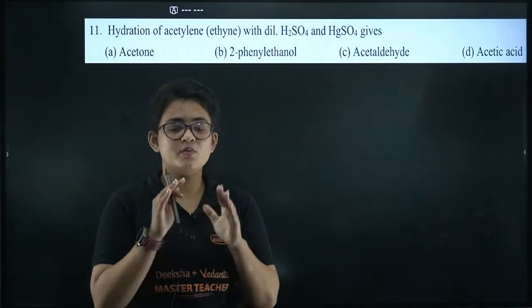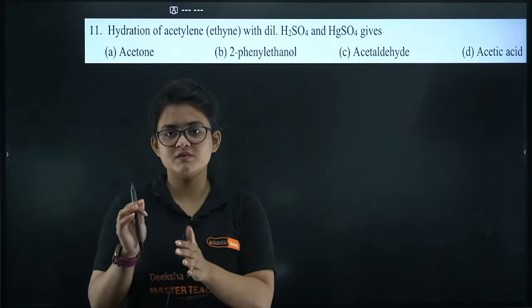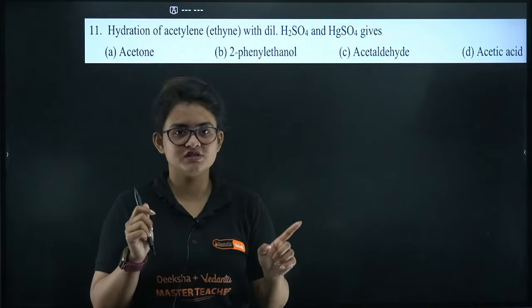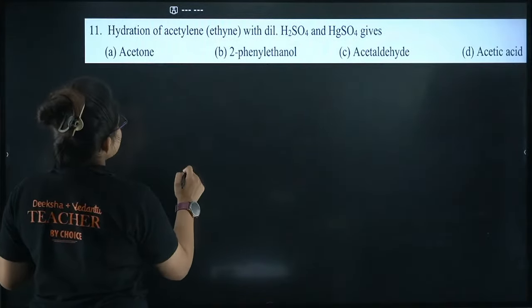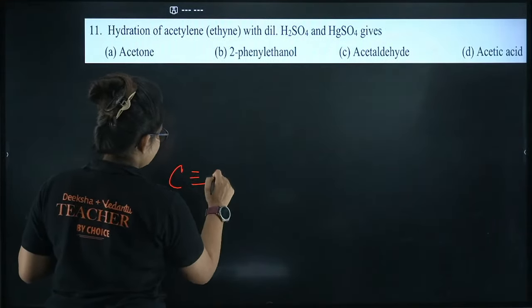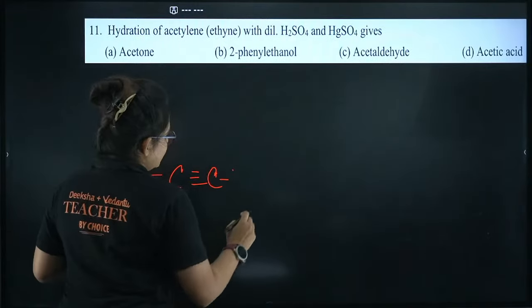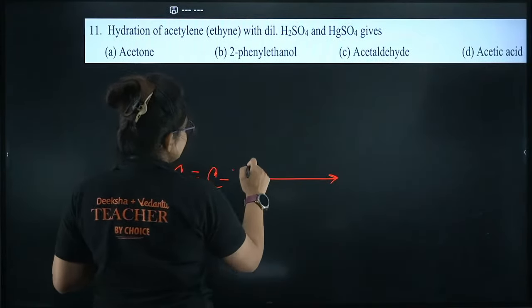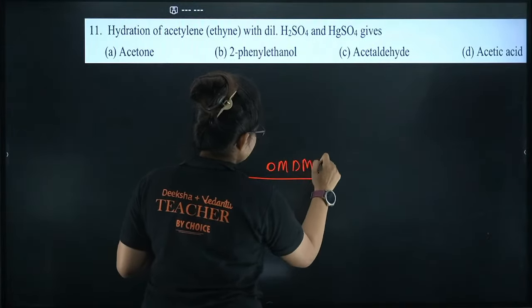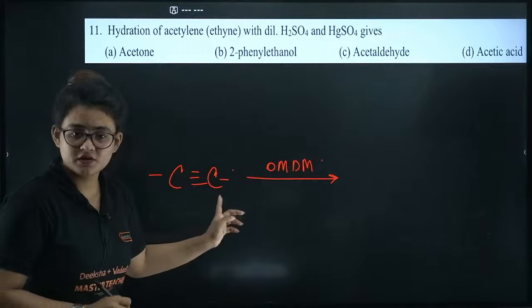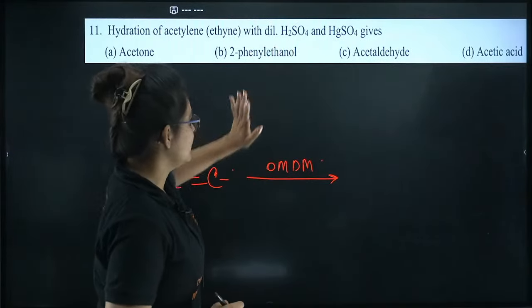If you don't have your concept clear in oxymercuration, demercuration, please go and watch that video. Here you can see acetylene, if I draw the ethyne like this and give the reagent H2SO4 and HgSO4, I'm just writing OMDM. OMDM means oxymercuration, demercuration. This is the reagent out there.